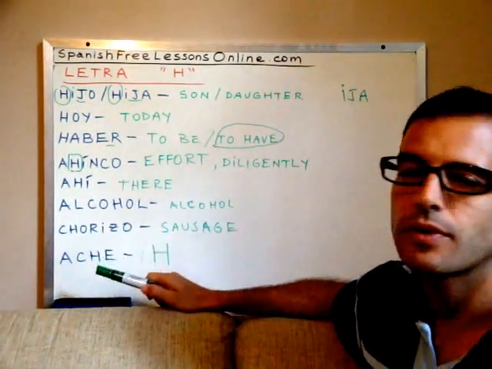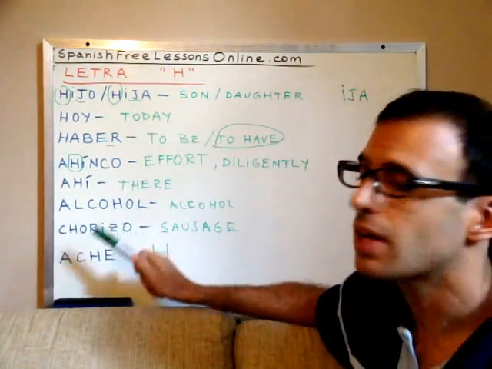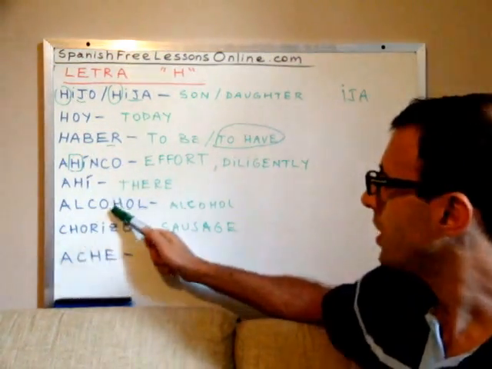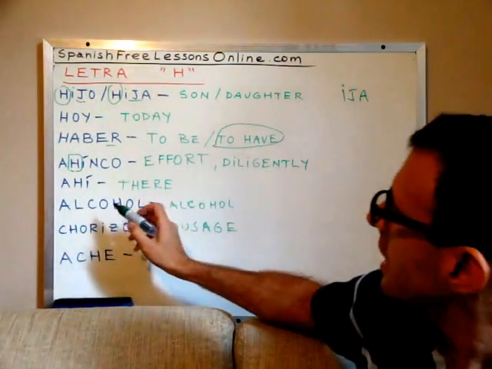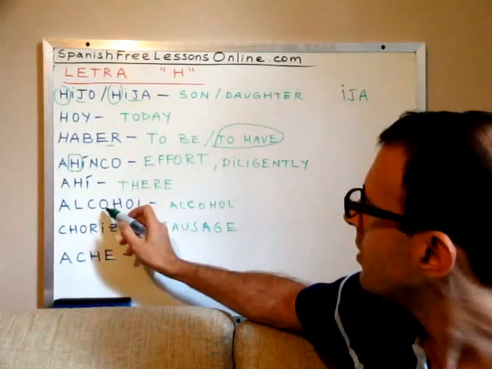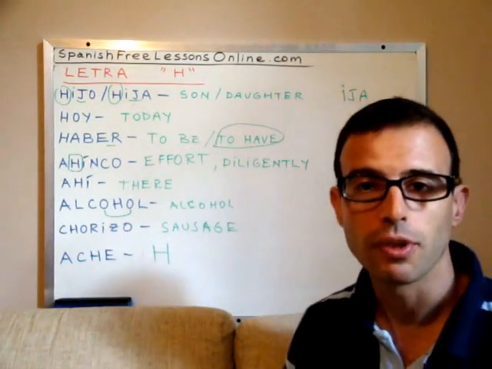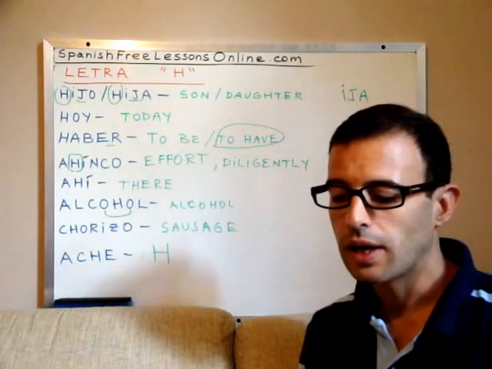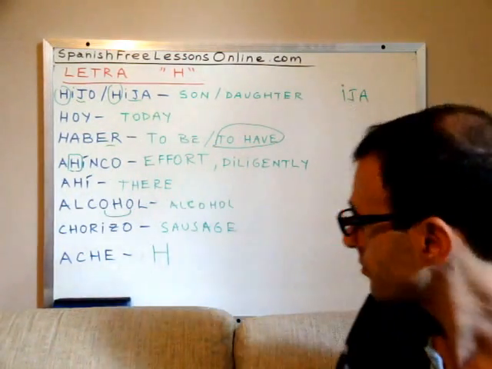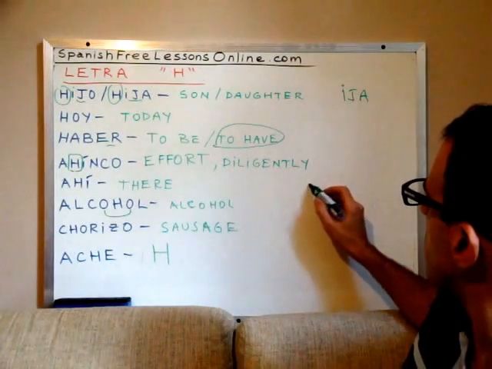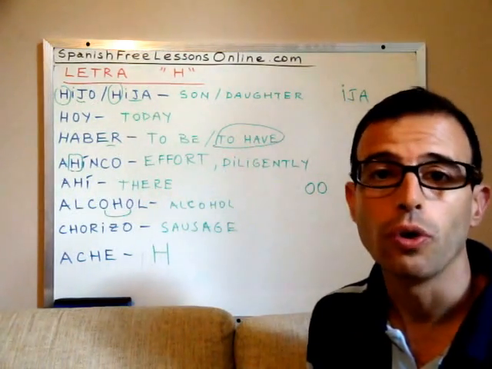Alcohol. For alcohol. Here also the H has one function. The H is completely mute, but it indicates that these O's should be pronounced, both of them, right? Or like a long O or one O after the other. In Spanish, this would just be O, right?